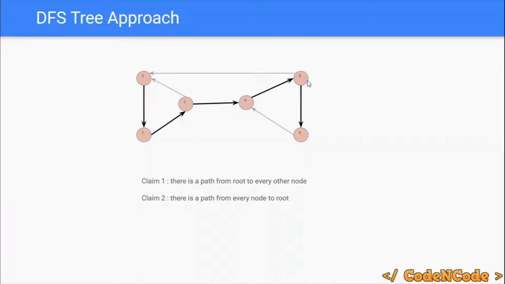So in the DFS tree, if for a particular node you are checking and in its subtree there is no node having a back edge to at least the parent of 4, then if you remove this edge, the whole subtree gets disconnected. But since in this graph there is no bridge, because if there was a bridge we would not be printing the solution, we won't be orienting the edges.